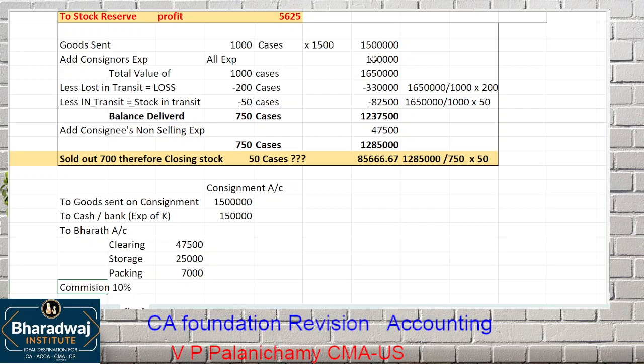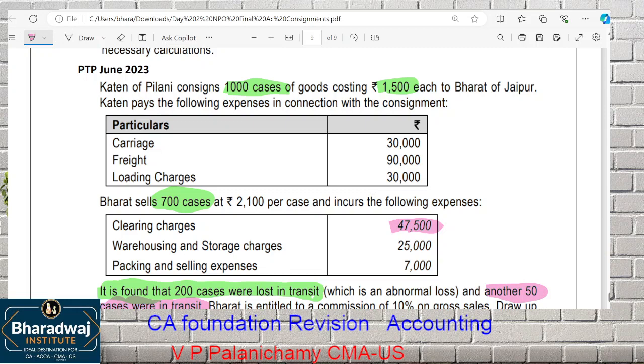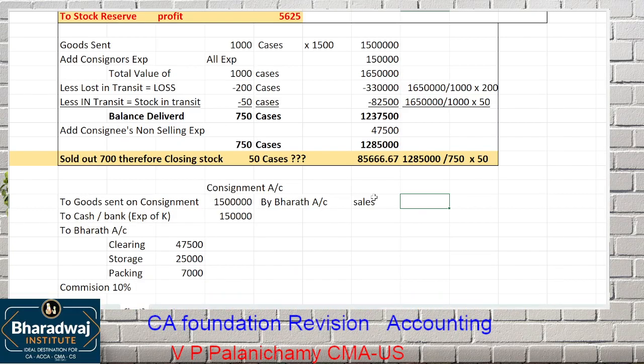What is the commission? 10%. Bharat account. How much sales has been done? What are the sales done by Bharat? 700 sets are sold for, then by abnormal loss. What is the abnormal loss?